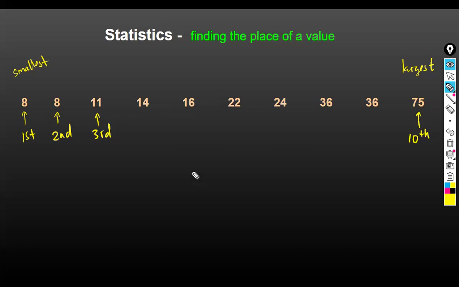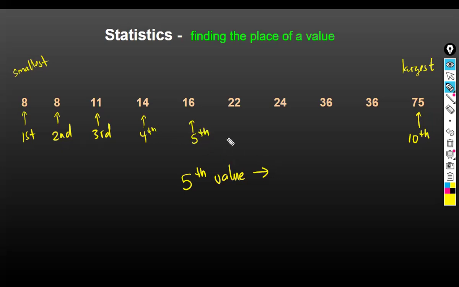If I were to ask you what is the 5th value, super easy question for 1 mark. What is the 5th value in my data? Simple question, not even a trick question. It will be 16, right? Because here's the 4th, and here's the 5th.